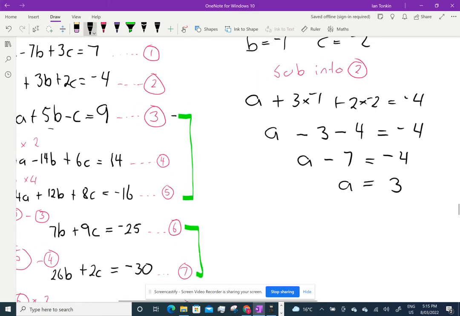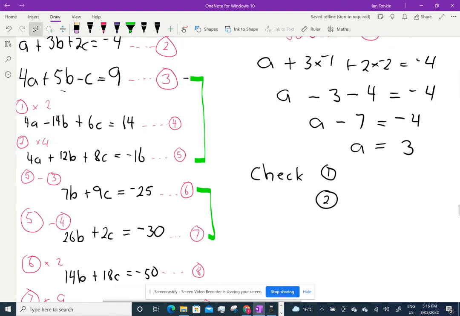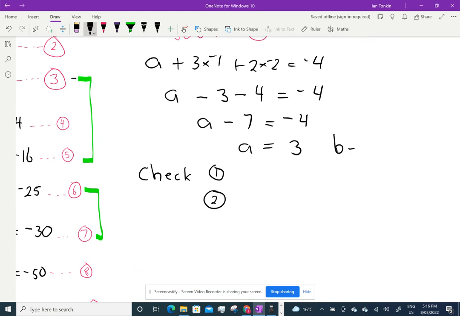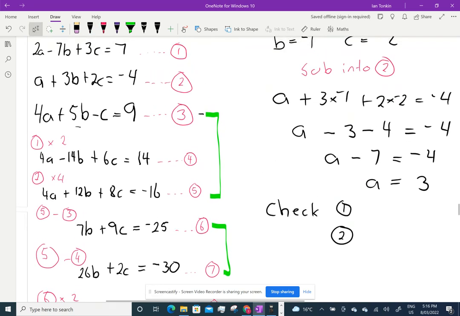Now, as I said, you should not be getting any of these wrong. I'm going to check in both the other equations. Now, because I've got this a from equation number 2, I'm going to check in 1, and I'm going to check in 3, because this has been a long one. So we've got a equals 3, b equals negative 1, c equals negative 2. Are we correct? We just have to establish that we're right.